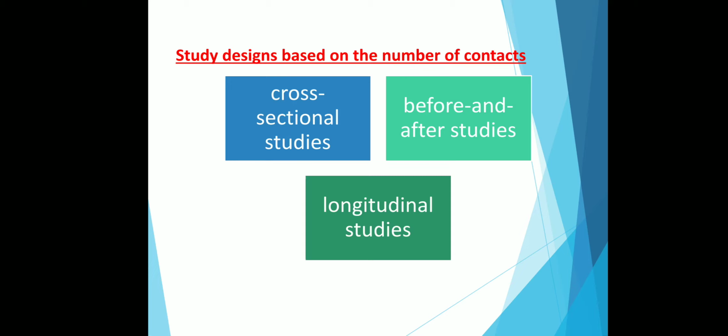The change is measured by comparing the difference in the variable before and after the intervention. For example, effect of advertisement on sale of a product. Here we can measure the change, like before advertisement and the effect after advertisement on the product. The third is the longitudinal studies.